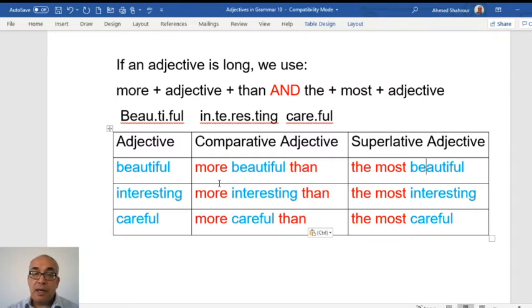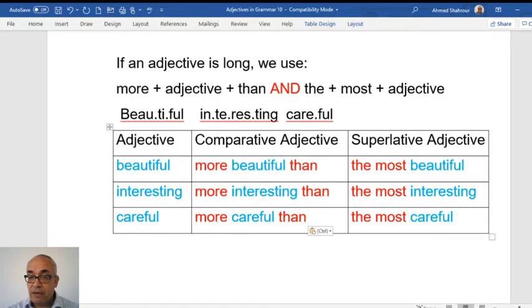We use this grammatical rule when we have a long adjective, and a long adjective has 2 syllables or more than 2 syllables, or parts if you want. So beautiful, more beautiful than, the most beautiful. Interesting, more interesting than, the most interesting. Careful, more careful than, the most careful.